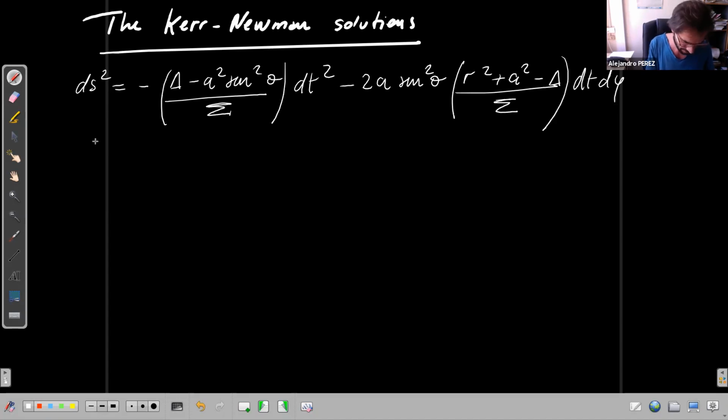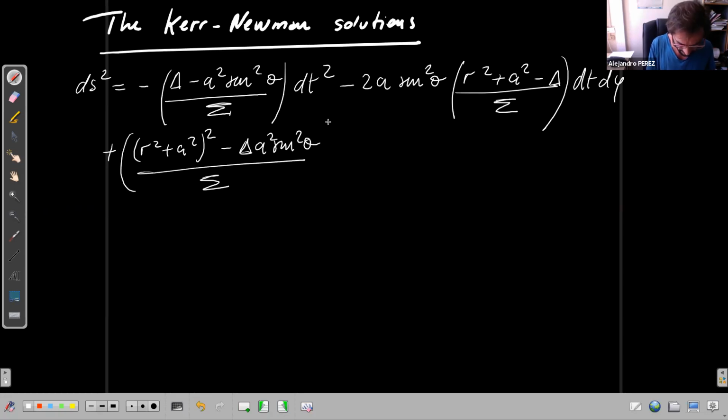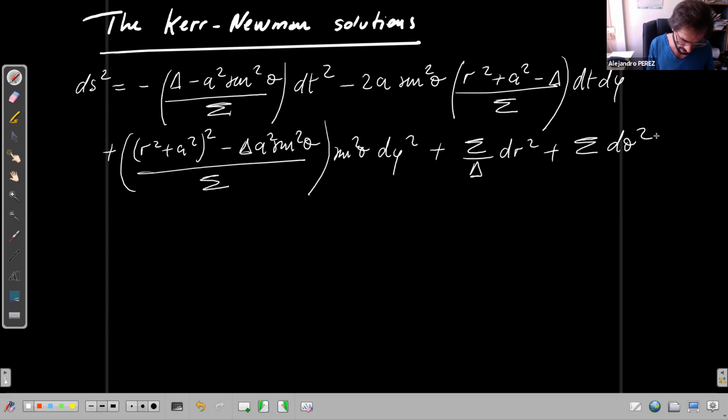dt dφ, and then there is (r² + a²)² − Δa² sin²θ, divided by Σ, times sin²θ dφ², plus Σ over Δ dr² plus Σ dθ². So that's the geometry, but this is Einstein-Maxwell.